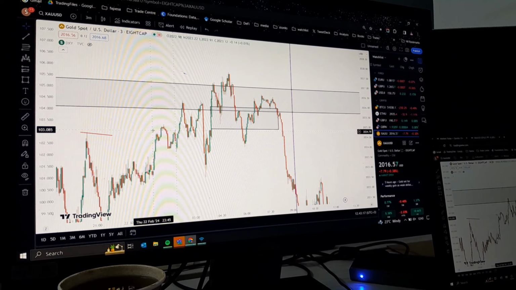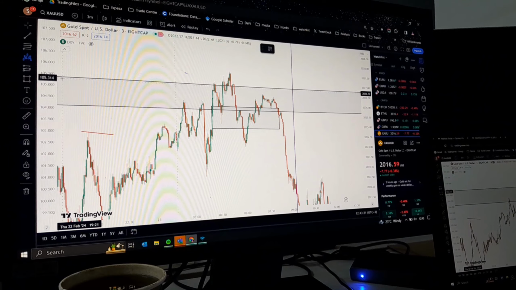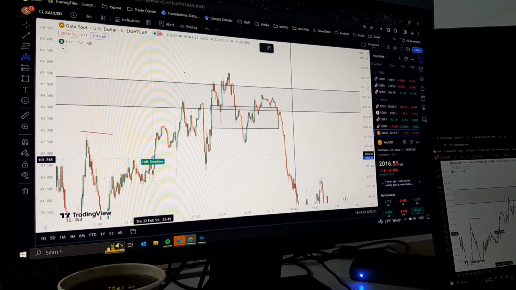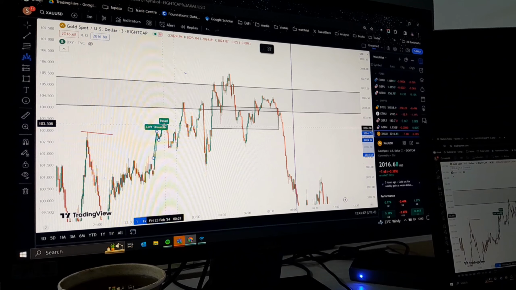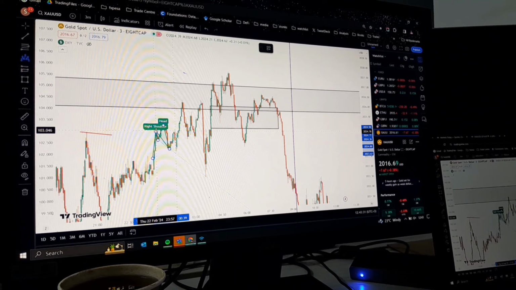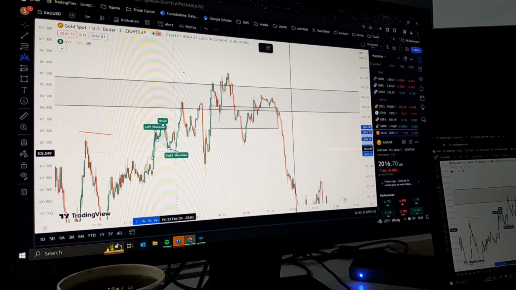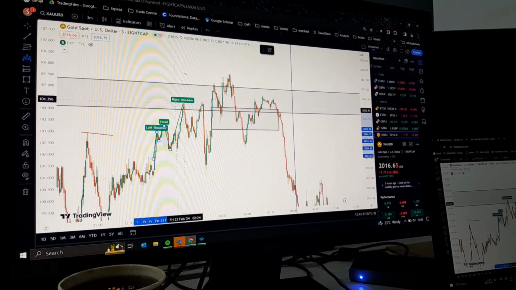As you can see, let's use our head and shoulder pattern. Here is our left shoulder, here is our head. Market gave us a slight reaction at this point, faked us out, then took people out.